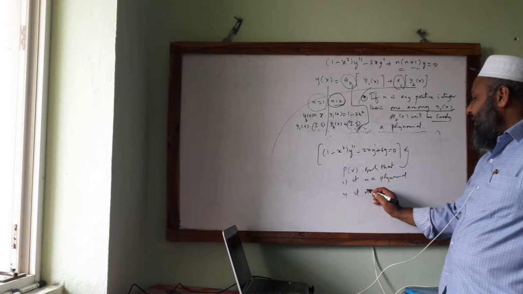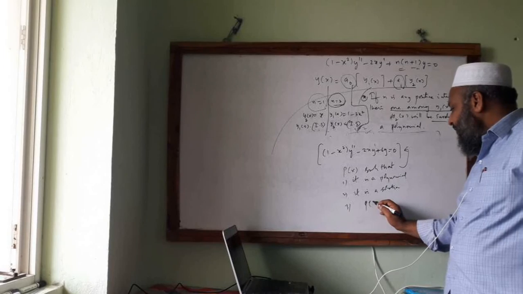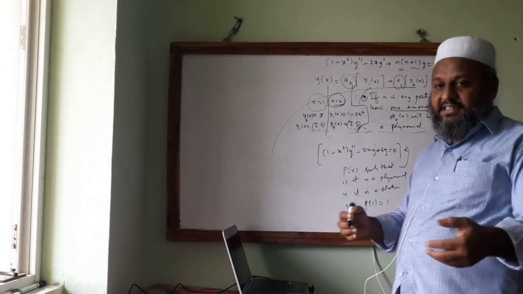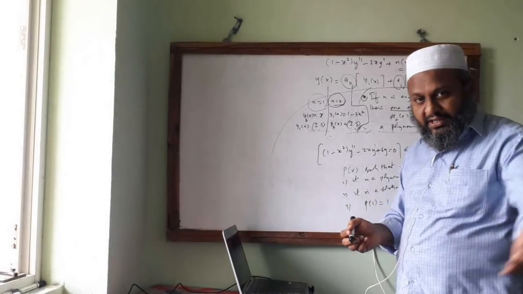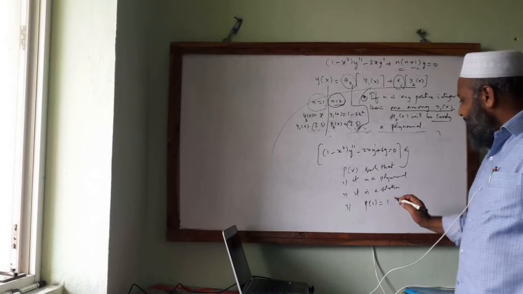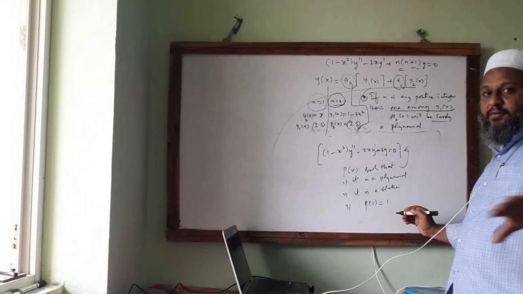And third thing, p of 1 is equal to 1. This is the criteria which selects one polynomial among that infinite number of polynomials to be designated as a Legendre polynomial. So this is to be treated as a representative of that class of all polynomials.